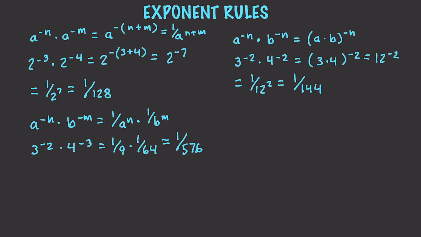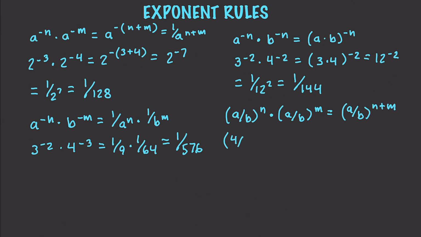Okay, let's continue. Let's say we want to multiply fractions with exponents with the same base. So let's say we have a over b with the same base and different exponents. That's going to end up being equal to a over b to the n plus m.